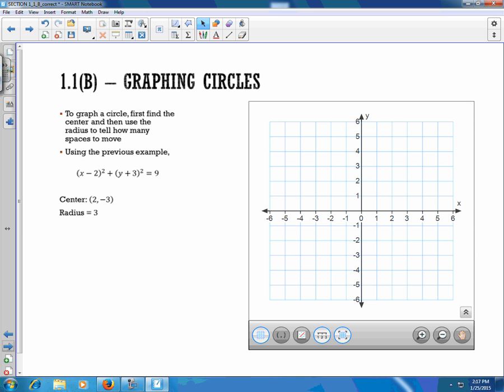So we need to know how to graph circles, right? To graph a circle, first you need to start with the point at the center, and then use the radius to tell you how many spaces to move left or right. So going back to our previous example, we have the same equation. We have the center at (2, negative 3), and the radius is 3. So we want to first start with the point at (2, negative 3).